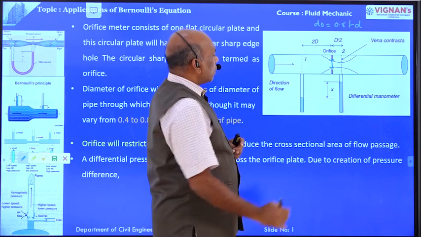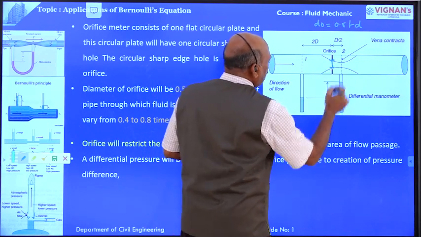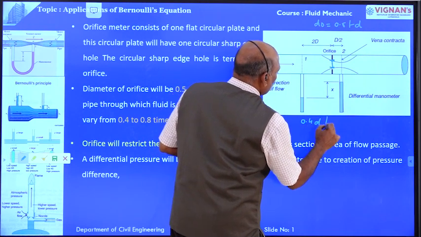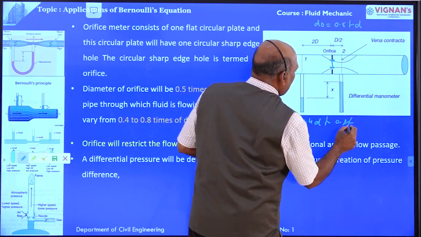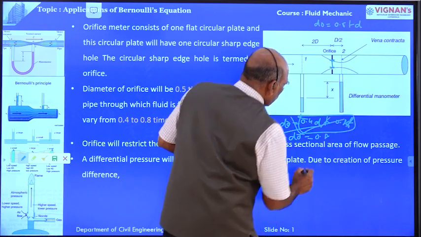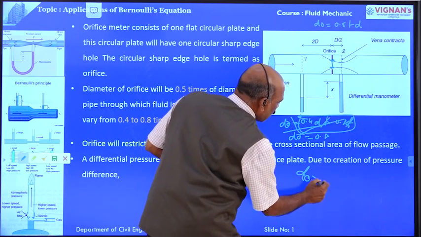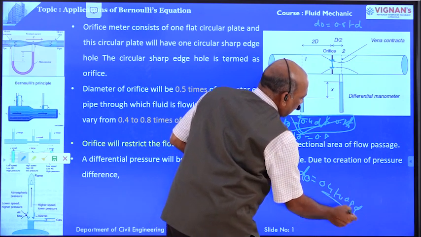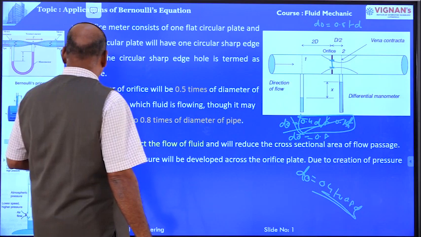And also the diameter of the orifice varies from 0.4 times the diameter to 0.8 times the diameter. The diameter of the orifice varies from 0.5 to 0.8 times the diameter of the pipe.